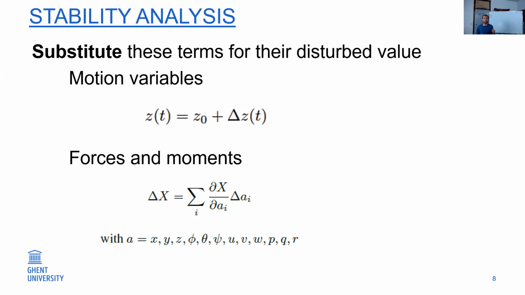And this a_i is for every motion variable, the 12 motion variables in the state vector which I mentioned on the previous slide. So every force and every moment gets substituted with 12 distinct force derivatives multiplied with the disturbance value, as it is listed there.